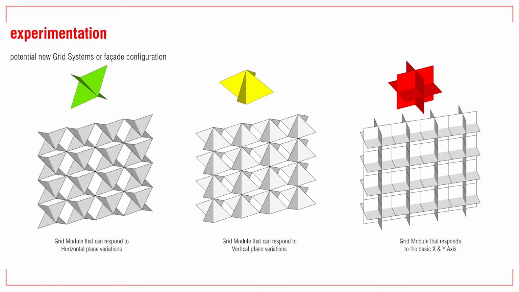We can easily see that the green module could respond to variables from the horizontal plane, and the yellow module could respond to vertical plane variables, but not the red module, as this module is just like a basic X and Y axis grid, and it could be perfect for planning and configuration of spaces.